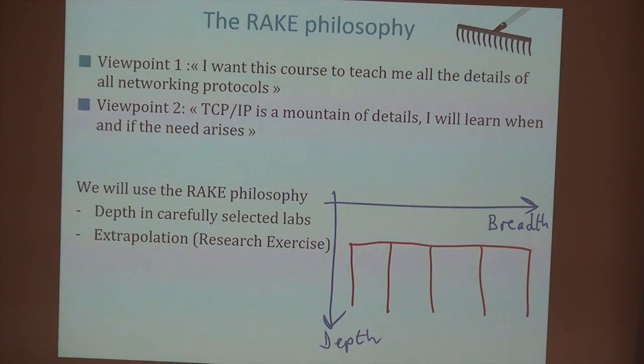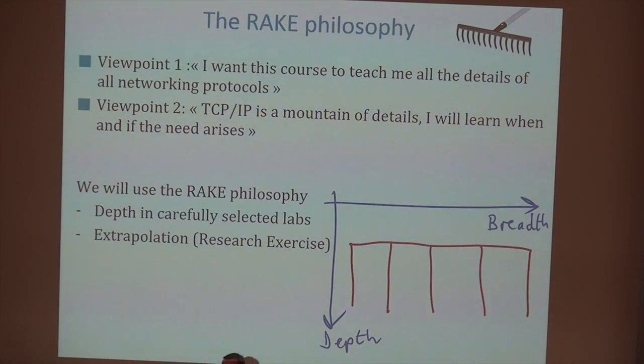So instead, we will use what we call the rake method or the rake philosophy. A rake is this red thing here that you use in autumn to collect the leaves in gardens. This is the fundamentals that we will teach, and then we will go deeply in a set of carefully selected topics. That will be the labs that you will do.